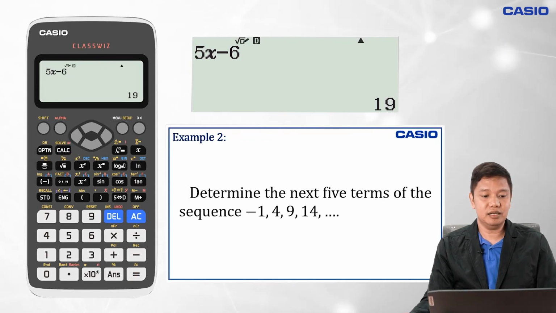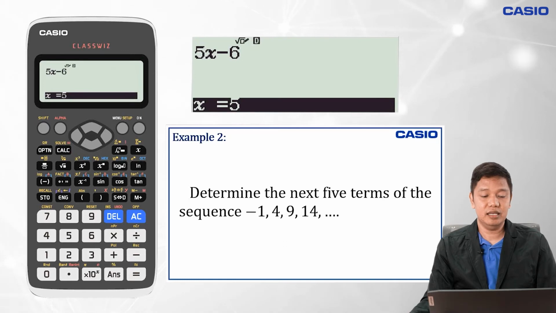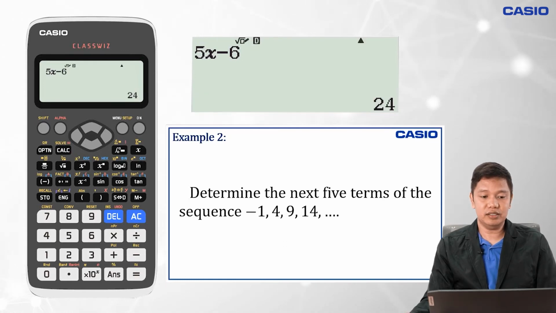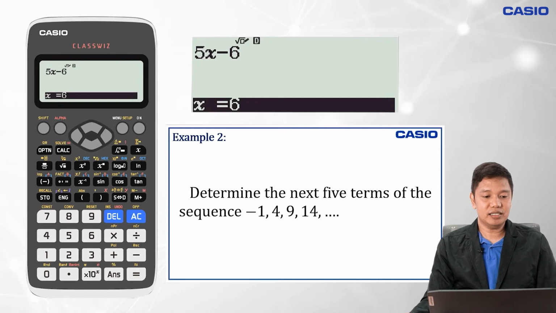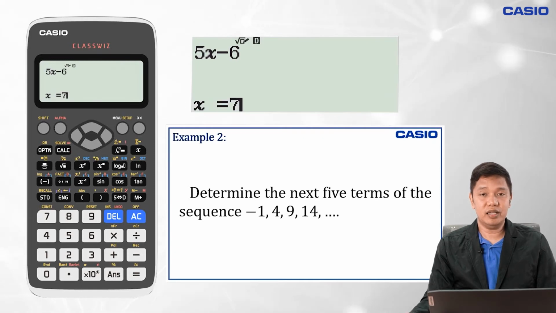To get the 6th term, press calculate again and then press 6 and then equals, you have 24. To get the 7th term, again press calculate and then 7 as the value of x and then equals, and then pressing equals again, we have 29.